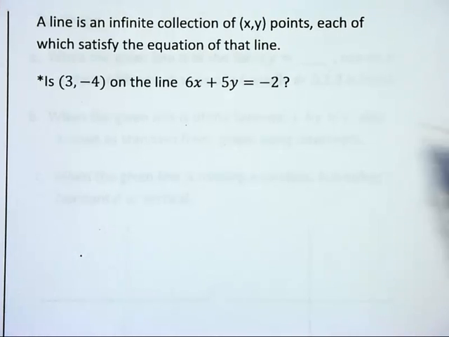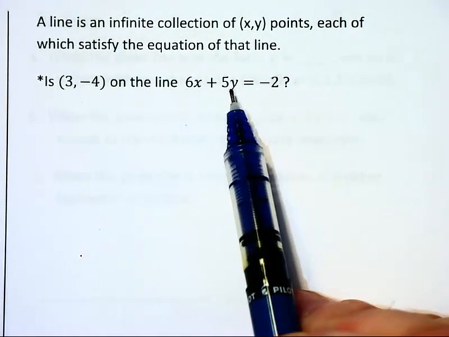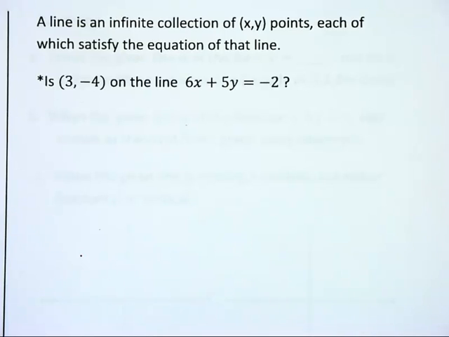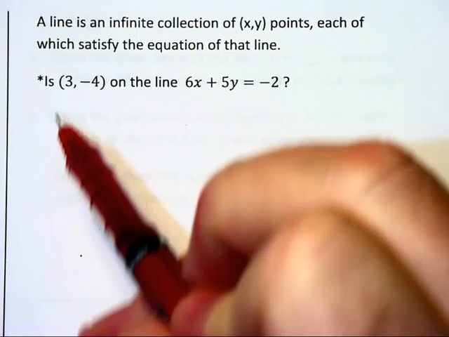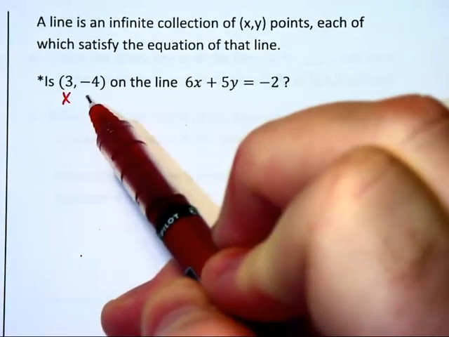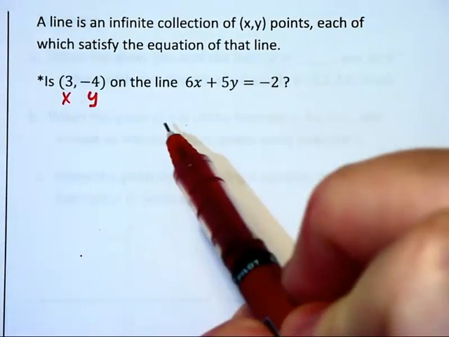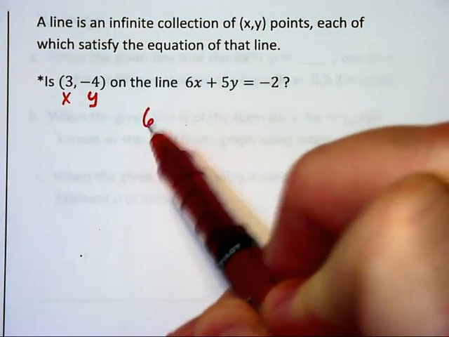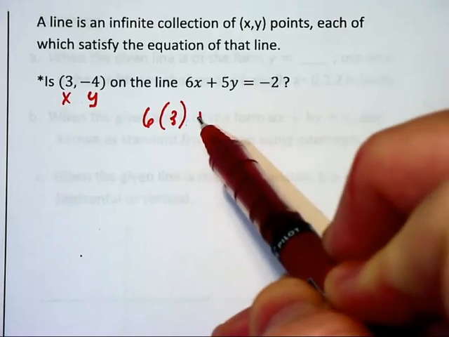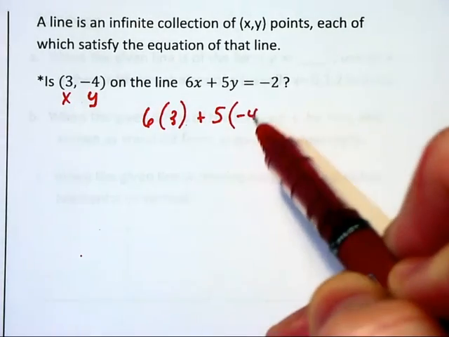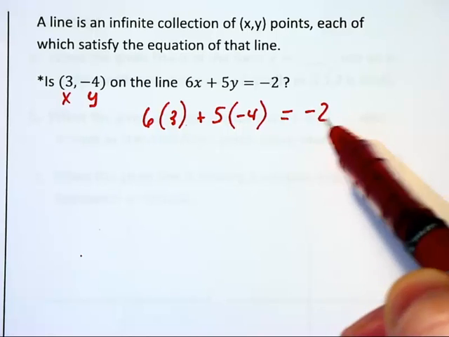This question of whether a point is on a line seems like a rather cheesy question, but quite honestly it's a very important question, because this is how we check our graphing. This point is of the form (x, y), and basically they're asking us, is 6 times 3 plus 5 times -4 equal to -2?